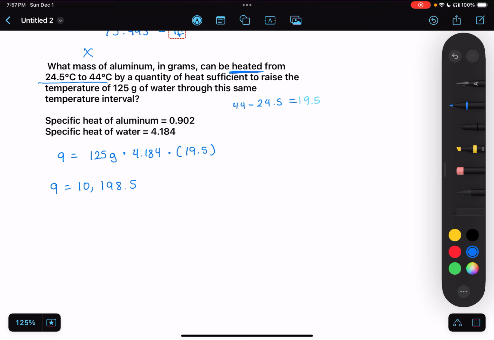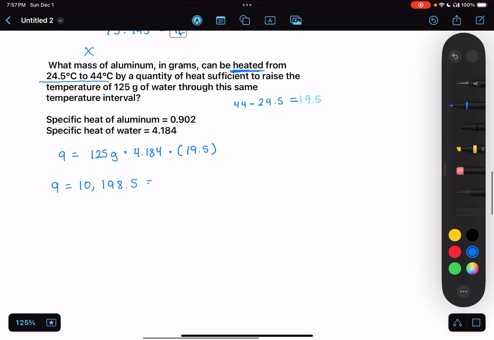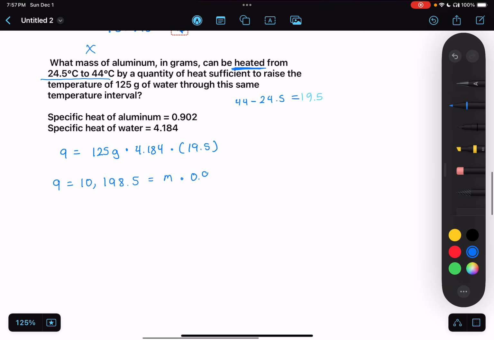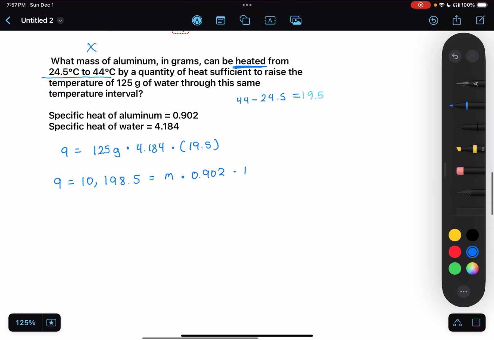So 10,198.5 equals M, my mass, times the heat capacity of aluminum, 0.902, times the same temperature range, which is 19.5, and then we'll find the mass.